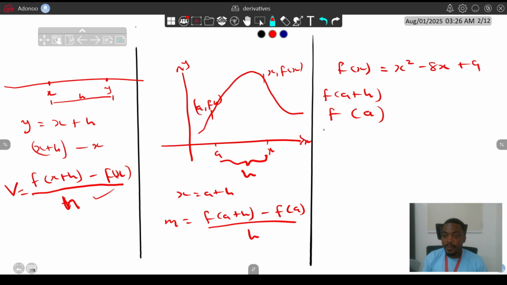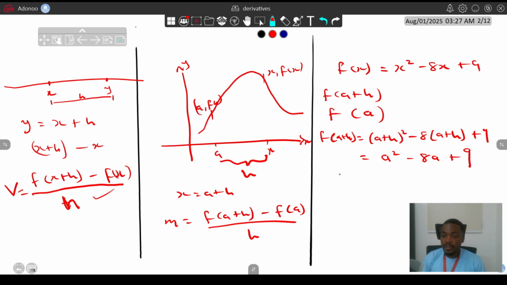So f of a plus h, simple: anywhere we see x, we put a plus h. So we have a plus h squared minus 8 times a plus h plus 9, and then we have a squared minus 8a plus 9, which is f of a.